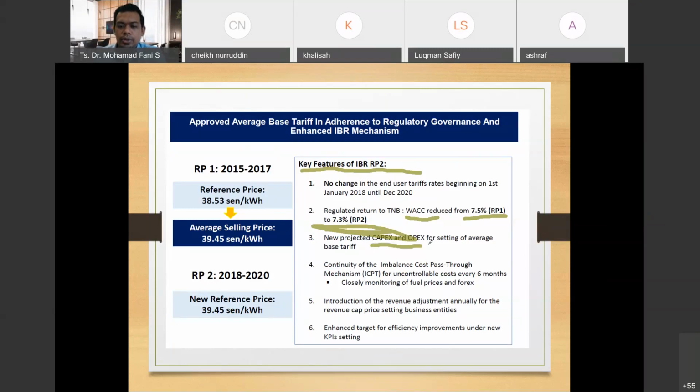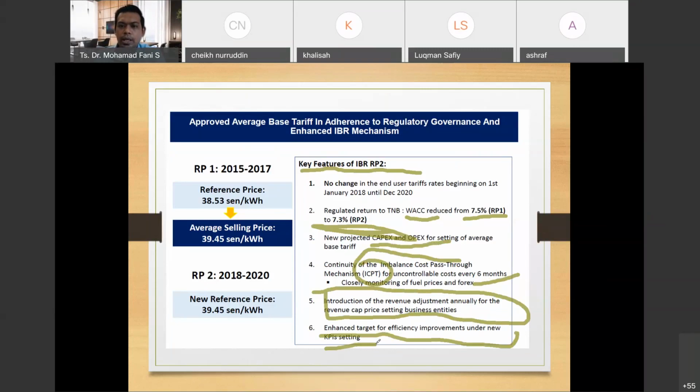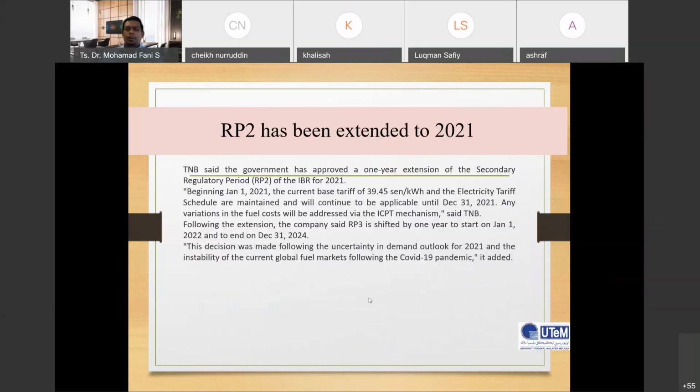Okay, a new project for the CAPEX and OPEX setting, and the 6-month review of the ICPT, introduction of the annual revenue adjustment, and enhanced targets under the new KPI setting. RP2 has been extended.